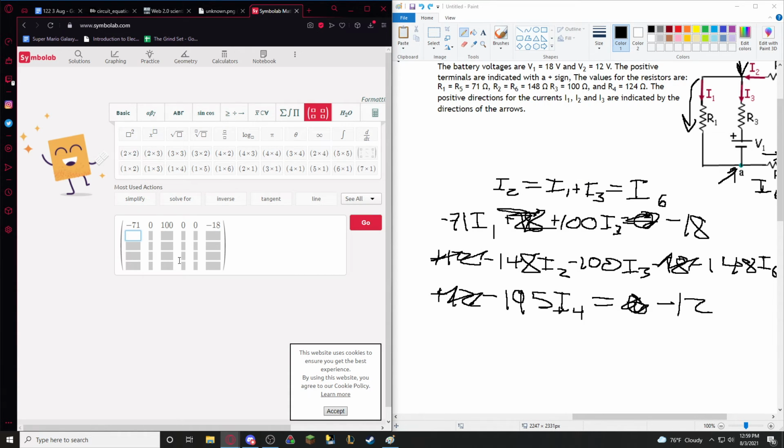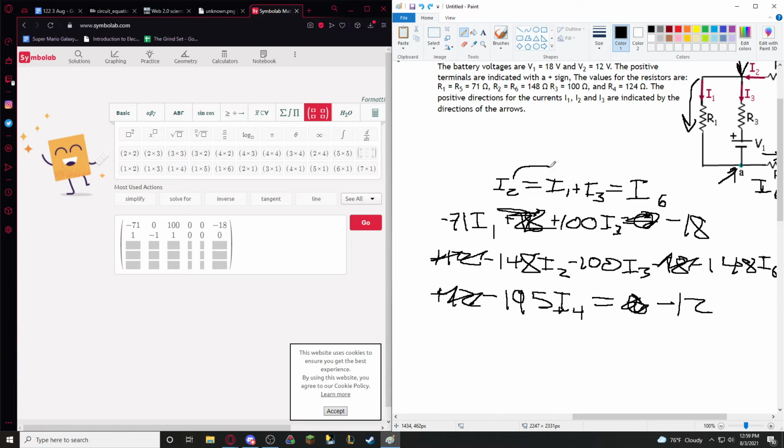For this first one, we have plus I1 minus I2 plus I3 is equal to 0, because we could move this over. And then we also have plus I1 plus I3 minus I6 is equal to 0.